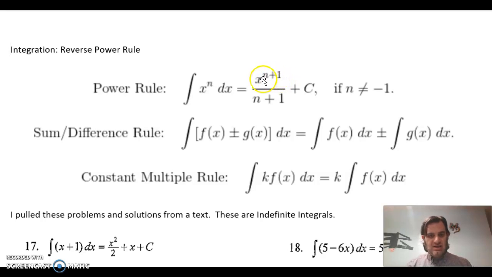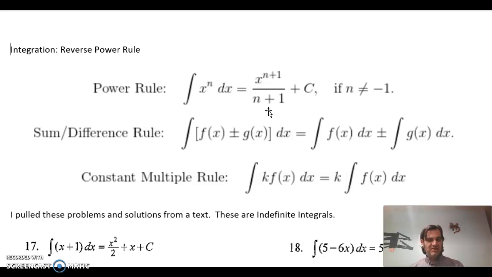And then if we're reversing that two-step process, after we increased it, instead of multiplying by the exponent, we'll divide by it. So x to the fifth, when we integrate it, becomes x to the sixth divided by 6.